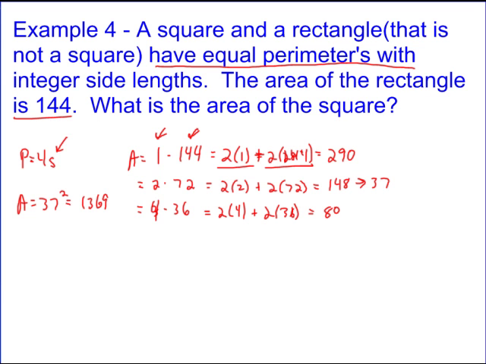Well, if the perimeter of the rectangle is 80, the perimeter of the square would be 80. 80 divided by 4 is 20. And so the area of the square would be 400. And you can imagine continuing to go along. 6 goes into 144. So it turned out that there are a lot of different possibilities for the area of the square. There wasn't one answer, but the key was recognizing what had to be true for this to happen.